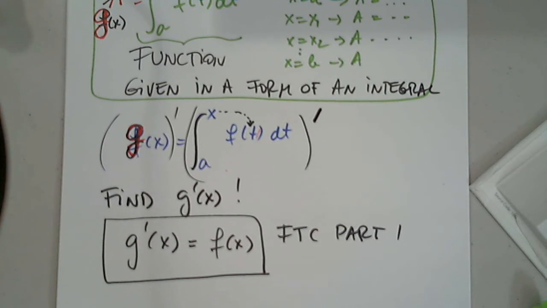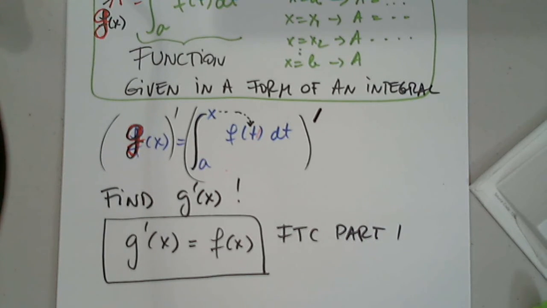Okay. Nine through 20, use part 1 of the fundamental theorem of calculus to find the derivative of this function. So 9 through 20, you choose. And then we move on to 21 through 24.